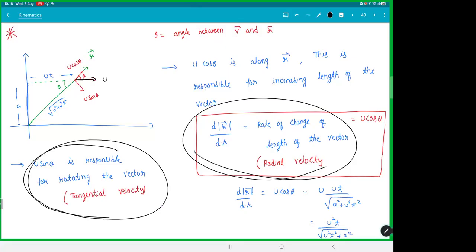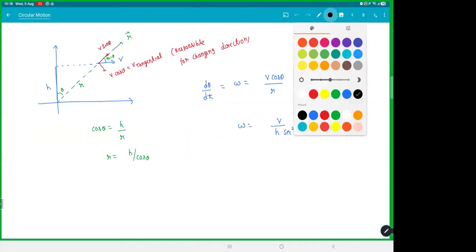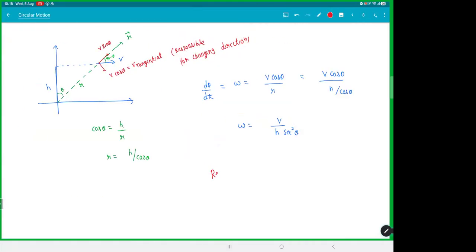One guy was changing your magnitude and one guy was changing your direction. So we ignored the direction one there, but now we are going to use it. So page 48, kinematics. You should definitely refer that once. This way, you can avoid calculus. So the two components had two different rules. One guy was d mod r by dt and one guy was d theta by dt. Clear?